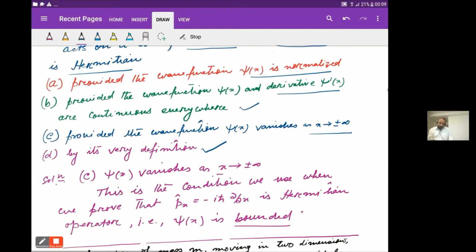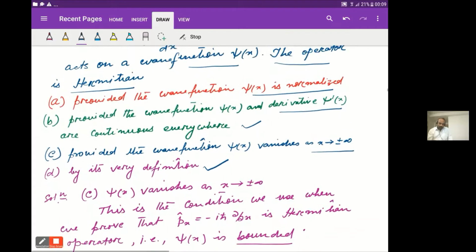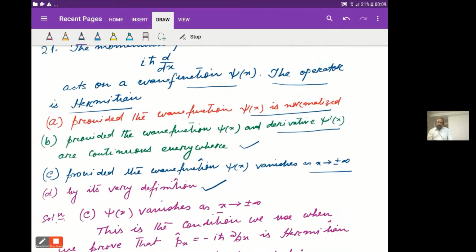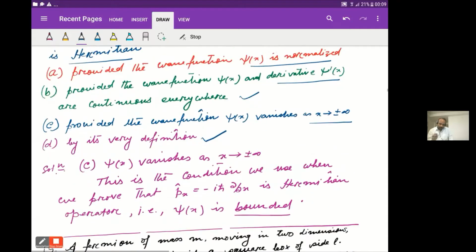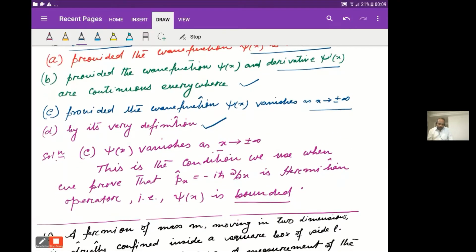Now, when we determine whether the operator is Hermitian or not, what is the condition? We use that condition that psi x vanishes as x tends to plus minus infinity.